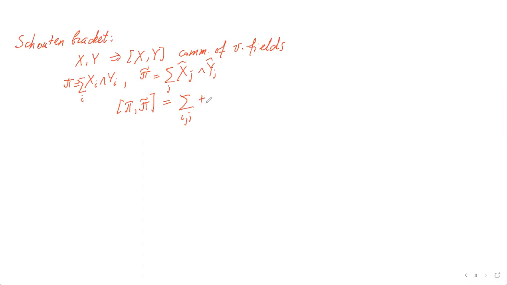Then you want it to verify the Leibniz rule with respect to the wedge product. So what you have will be, with certain signs, x_i wedge x_j tilde wedge the bracket of y_i, y_j tilde, plus or minus now x_i wedge, I think it's better to write first y_i and then x_j tilde, and so on.